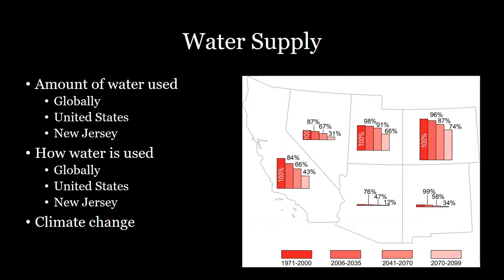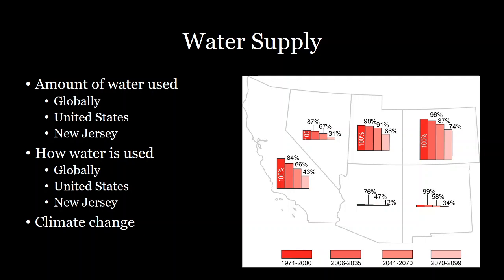And if we zoom in on the Southwest, the region that is likely to experience the most water stress due to climate change, we see here, based off of climate model predictions, that these 6 states will likely receive significantly less precipitation and water as we go into the future.